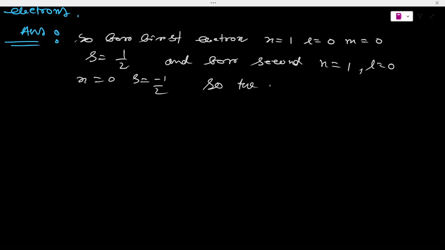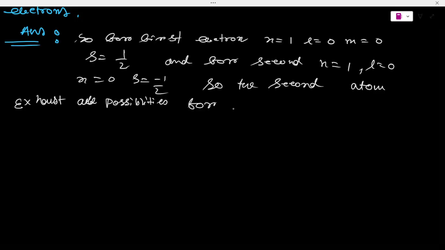So the second electron in the helium atom exhausts all possibilities for n equal to 1, and the anti-parallel orientation of the spin is called one state of the electron.